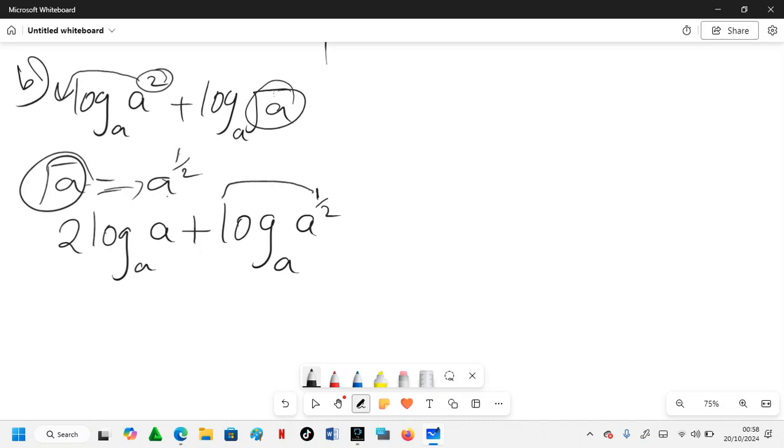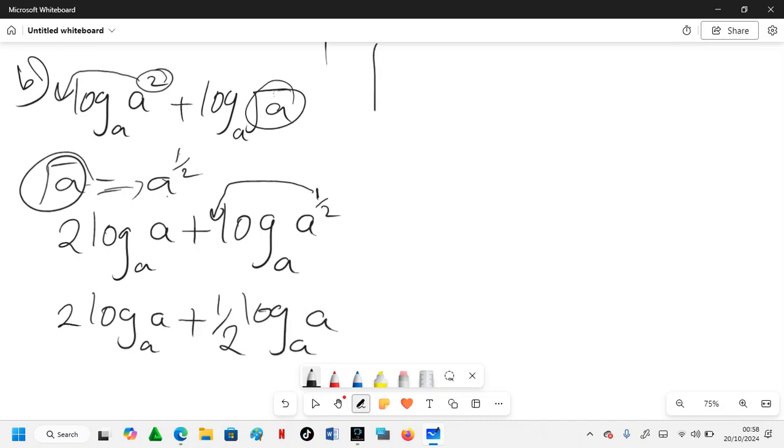And then we are going to also drop the half down there, so that we have 2 log to base a of a plus a half log to base a of a.